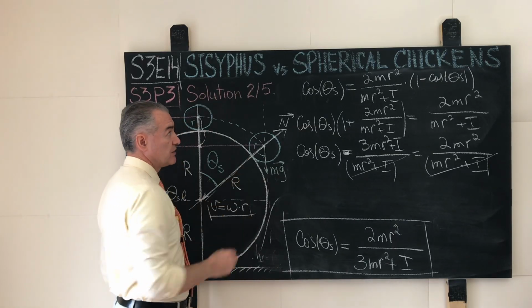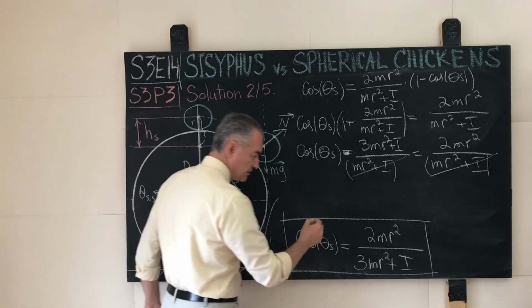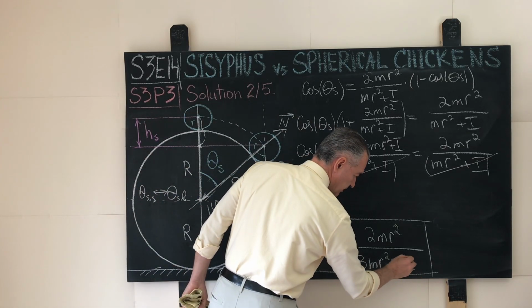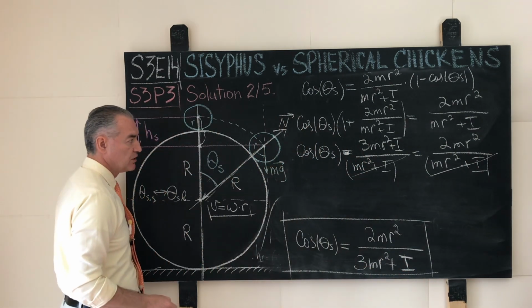Now I will erase these manipulations over here, take a short break, and we will bring this computation home again by injecting the specific expressions for the moments of inertia.